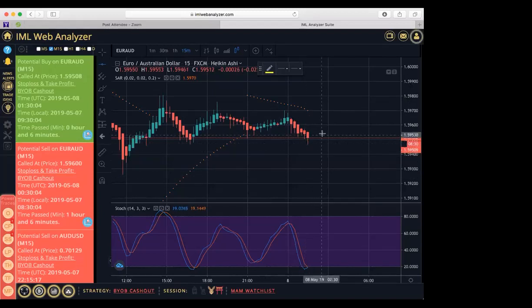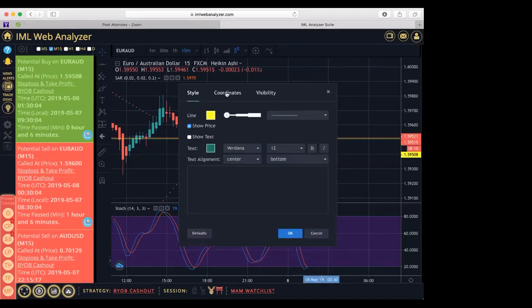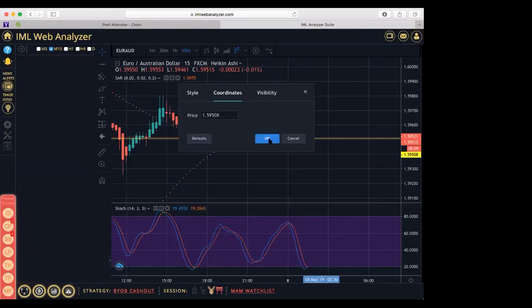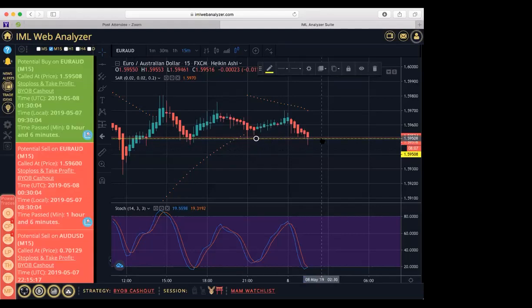So I happen to get it on there, but if I don't, while the line is still highlighted, I can come to the little wheel on the chart, click my coordinates, 1.59508, and you can type that in there for accuracy. So this is actually a buy.